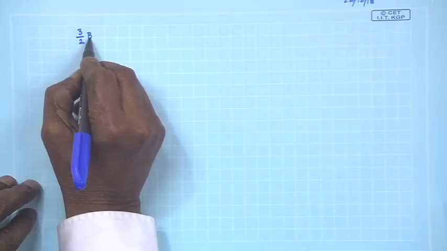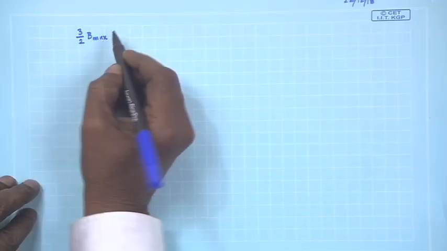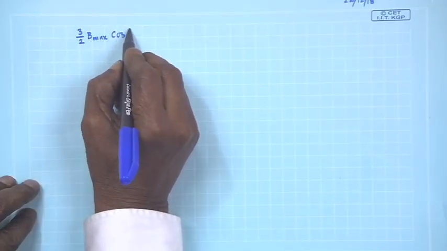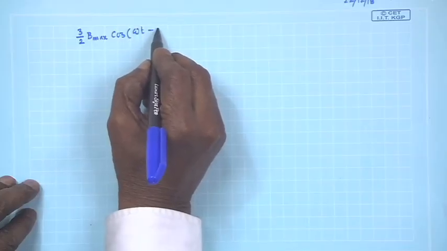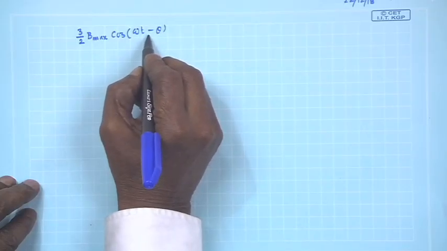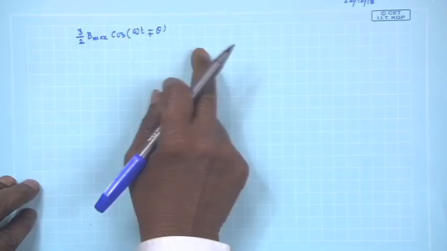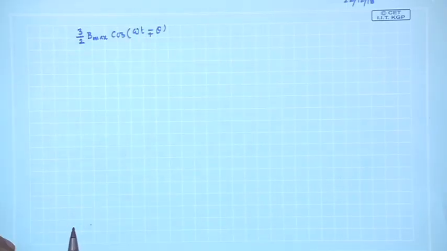Then what happens? There will be a rotating magnetic field, and the resultant field at any point was written something like this: cosine omega t minus theta. It could also be plus. We will examine those things in detail.